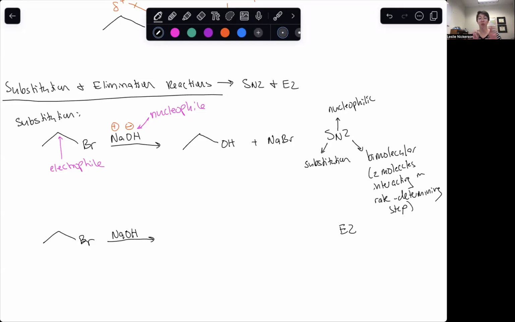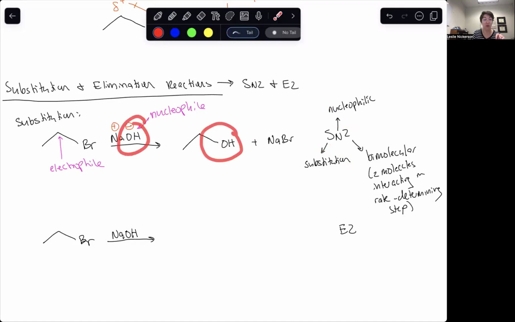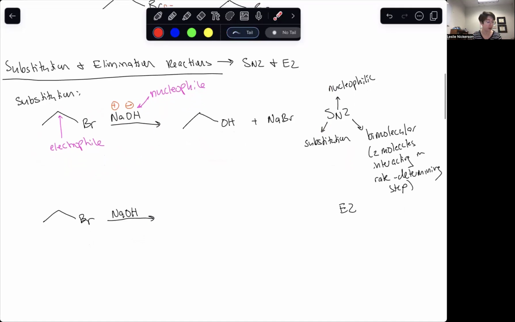Okay, so when we're looking at this, substitution nucleophilic, right? We've got a substitution reaction happening. We're using a nucleophile, and we have 2 molecules involved in that step to make that happen. So that's your SN2.